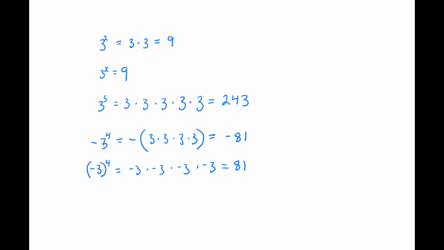The value of the constant will be the same, but whether or not it's positive or negative will be determined by whether or not it is included with parentheses. If the negative is not included with parentheses, then it's the opposite of 3 to the 4th, which is what this says right here. Make that distinction whenever you look at exponents.